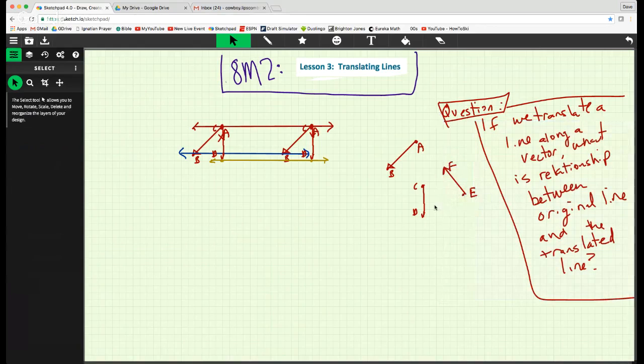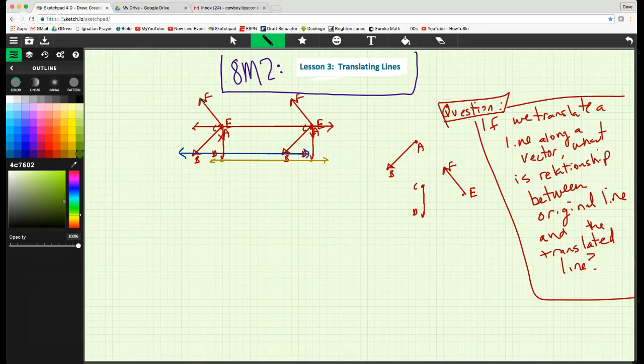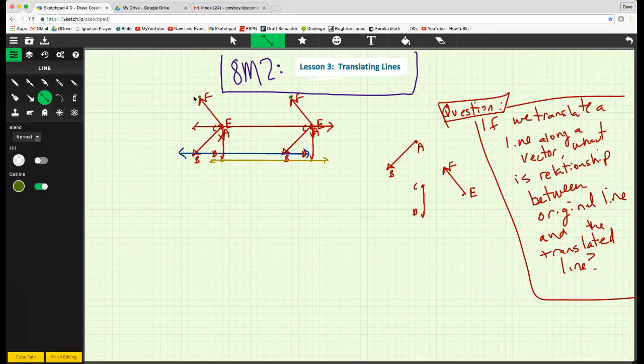We'll make that translated line in green. Okay, so that one's going to be green. And what do we notice about all these lines?